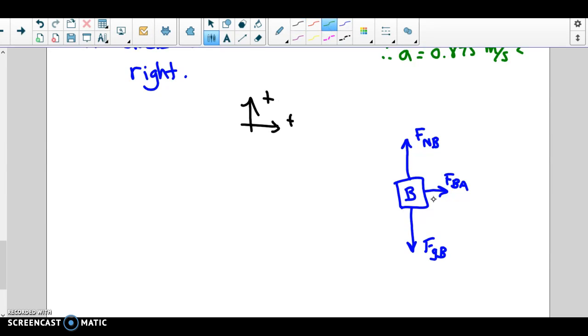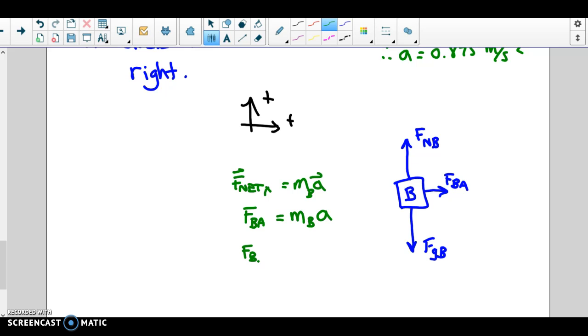So using this block and going back to Newton's second law, F net x equals the mass of block B times its acceleration. In this case, the only force acting in the x direction is the interaction force, and that's equal to the mass of block B times its acceleration.